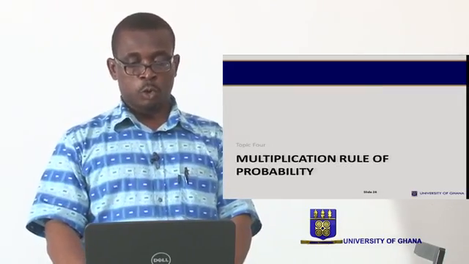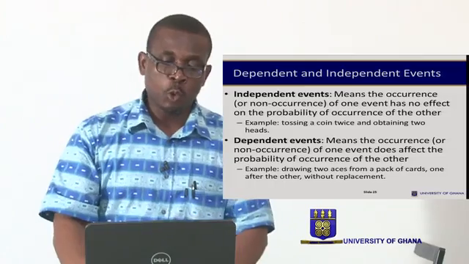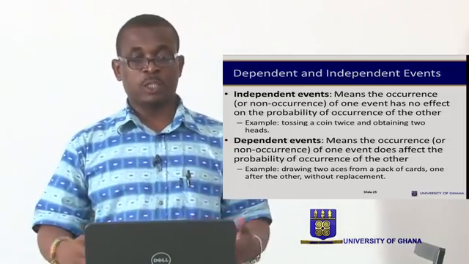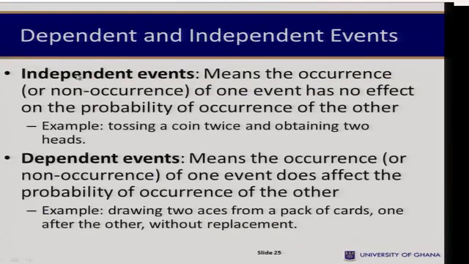Let's move on to the multiplication rule. Now, to apply the multiplication rule, we need to understand what we call independent events and dependent events. An independent event means that the occurrence of one event does not depend on the occurrence of another, okay?